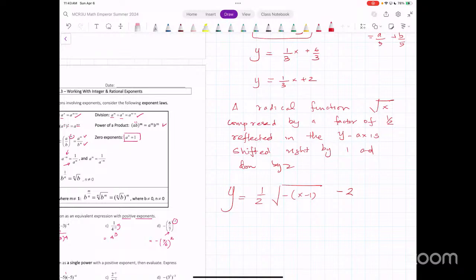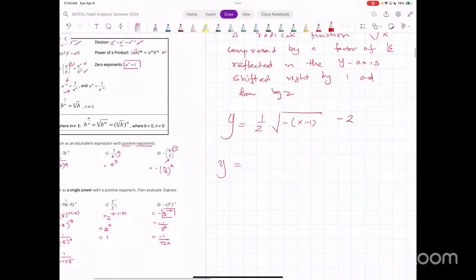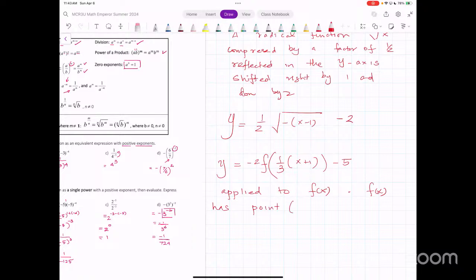Next one. Back to the next question. Given the transformation minus 2f(1/3 x plus 1) minus 5 applied to the function f of x, if f of x has a point (5, minus 3), find the transformed coordinate. If (5, minus 3) is a point on the transformed function, determine the corresponding point on the original function.